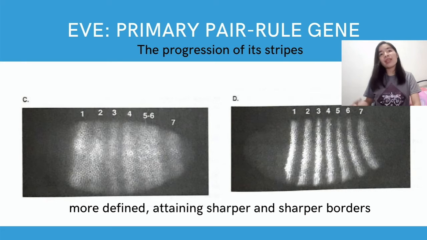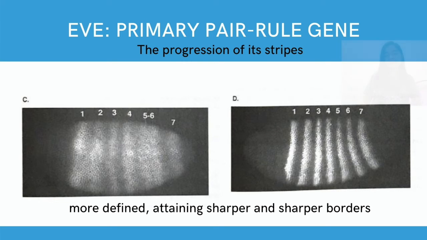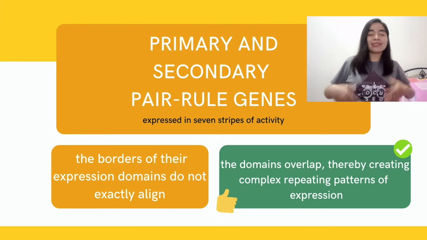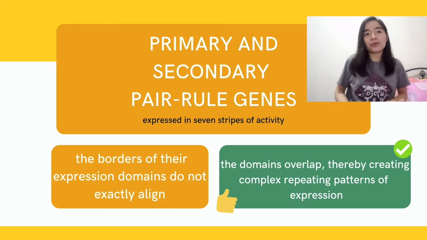Gradually, they become more defined, attaining sharper and sharper borders, as you can see in the slide. Primary and secondary pair-rule genes are expressed in 7 stripes of activity, so they have their own process, but it's still the same. In addition, the borders of their expression domains do not exactly align. Instead, the domains overlap, thereby creating complex repeating patterns of expression.